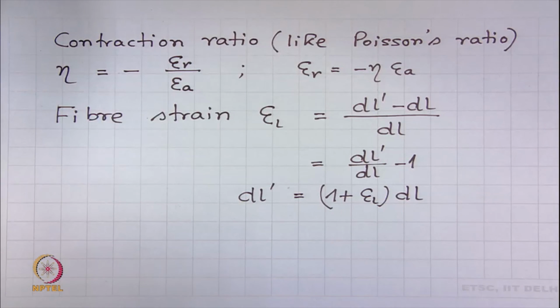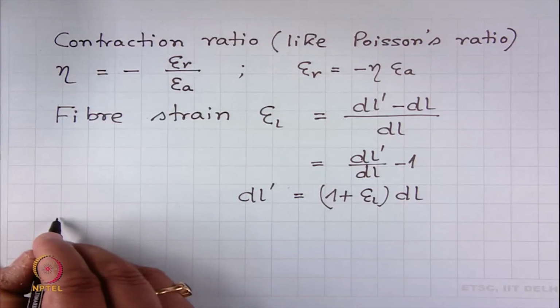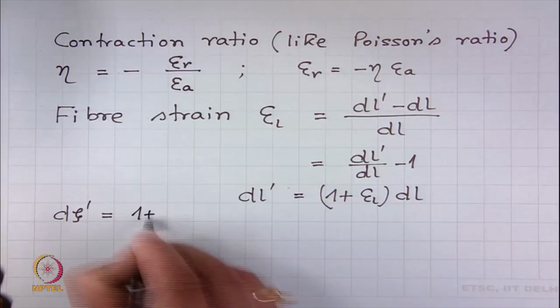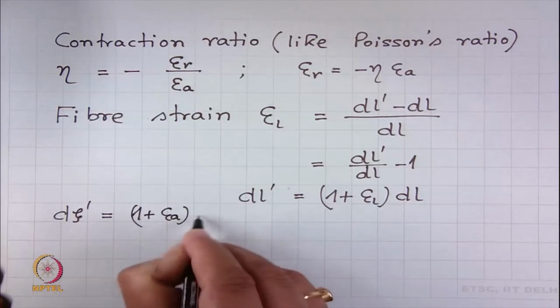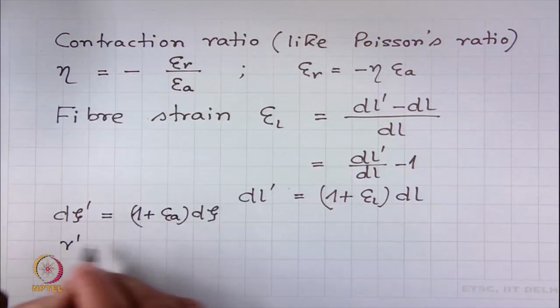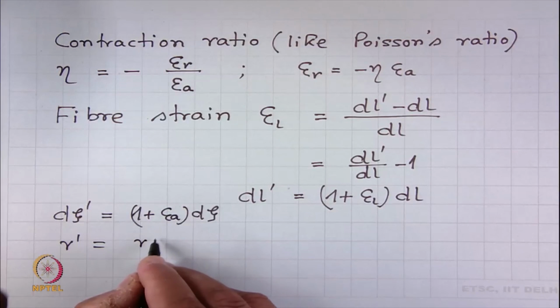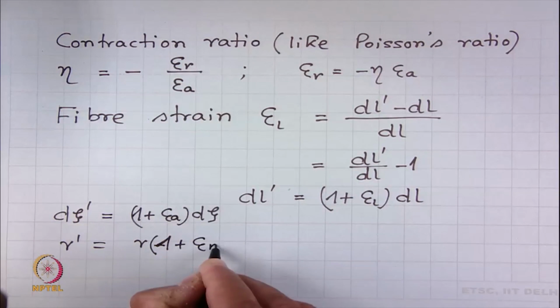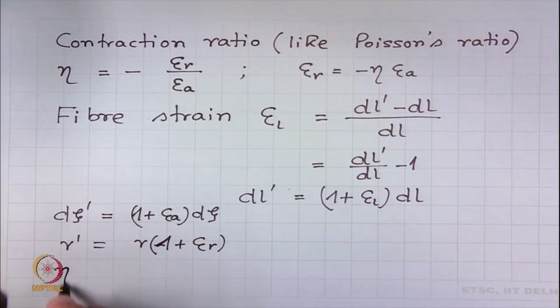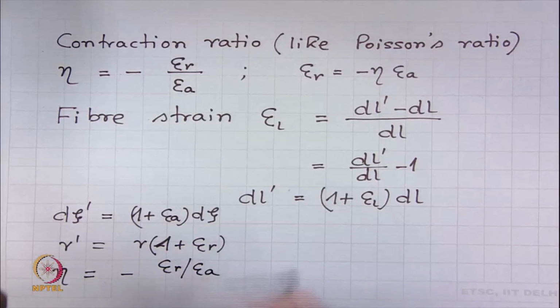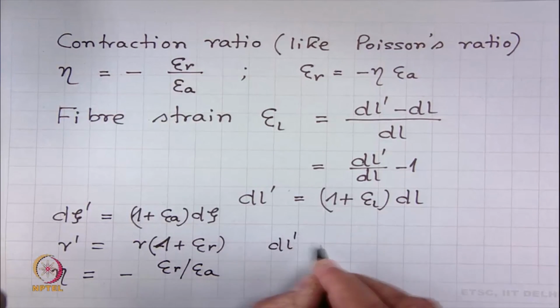So, if we summarize these 4 quantities, first one was d zeta prime is equal to this, second one was new radius 1 plus epsilon r, third was contraction ratio, and the fourth is this one.